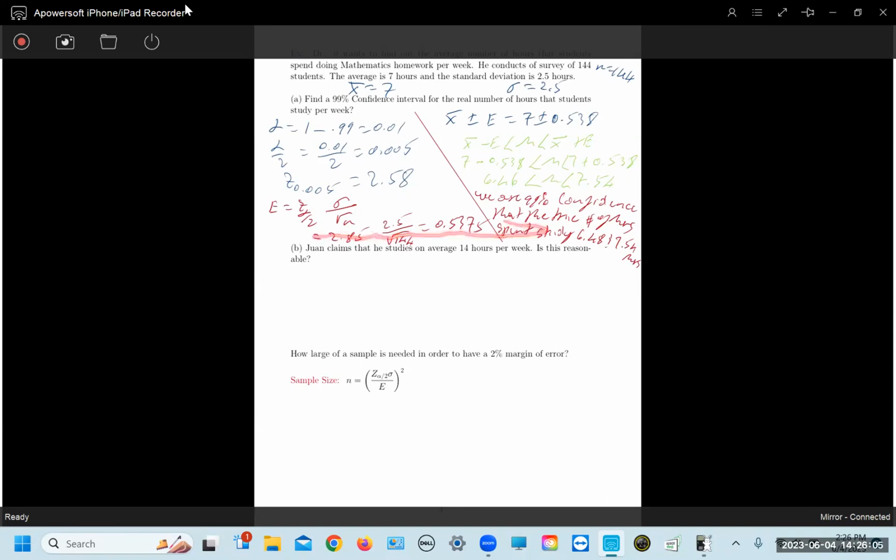Is that reasonable? It is not reasonable, because it is not in the interval 6.46 to 7.54.